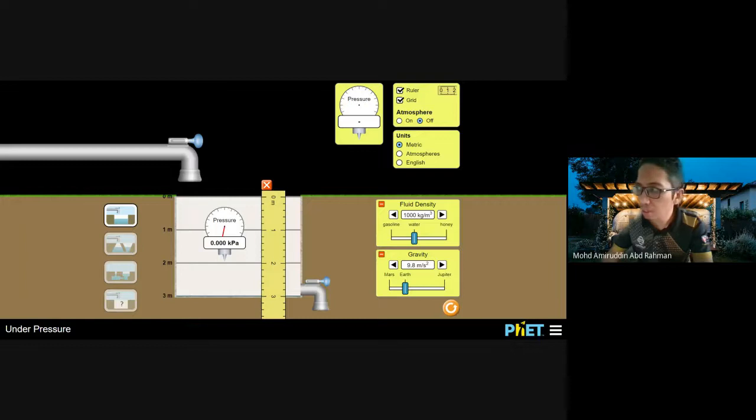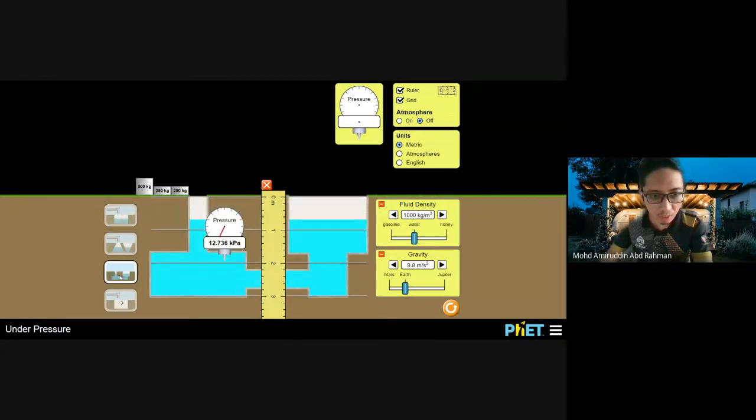Now select the next one. You see that there is a container on the left side and also on the right side, so they are connected with each other.